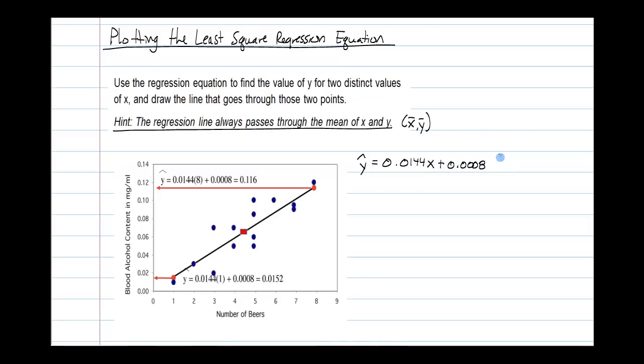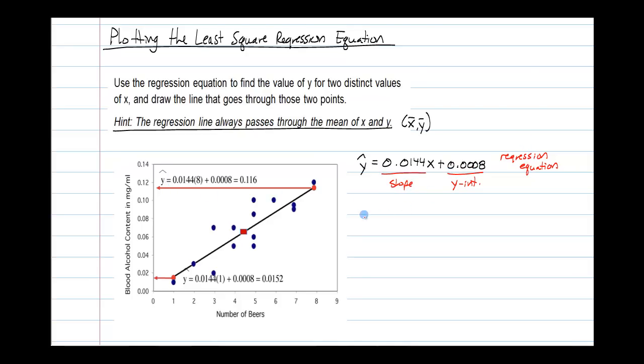So again, this is my regression equation. Now with this particular regression equation, my slope is the coefficient in front of the x value, and my y-intercept is very, very close to 0, but not quite.